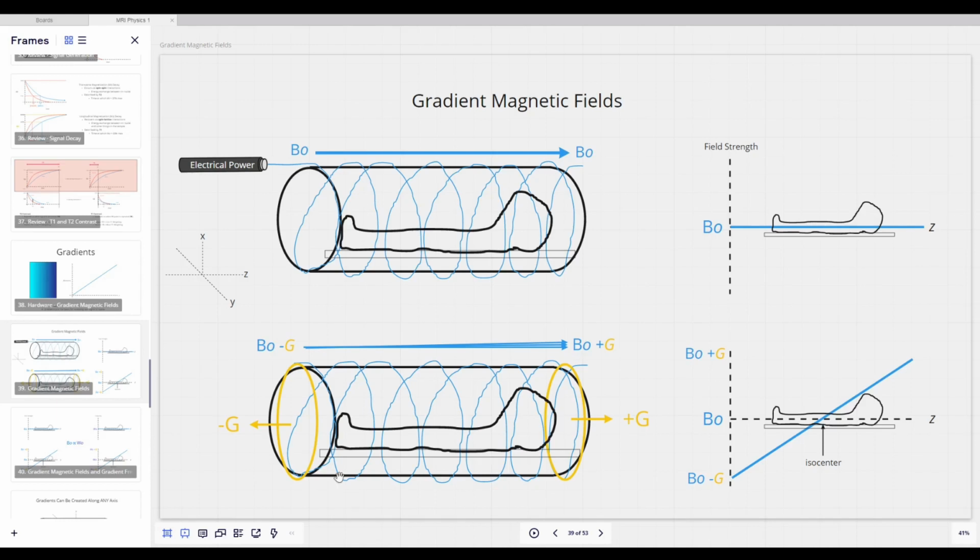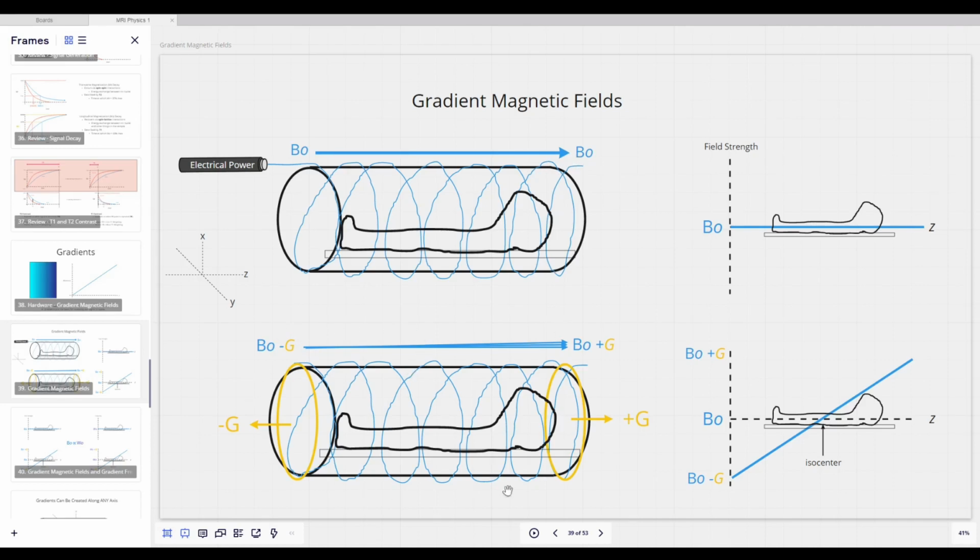Down here by the feet, the opposite is true. Okay, we have applied a gradient coil, generated a magnetic field that is opposing our initial magnetic field. And so the net magnetic field down by the feet is going to be weaker. Okay, so it's going to look like this instead of a nice straight, uniform line.